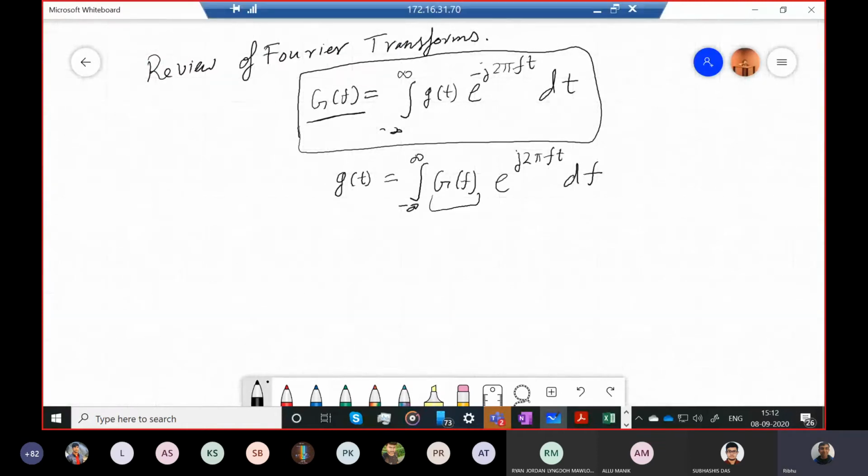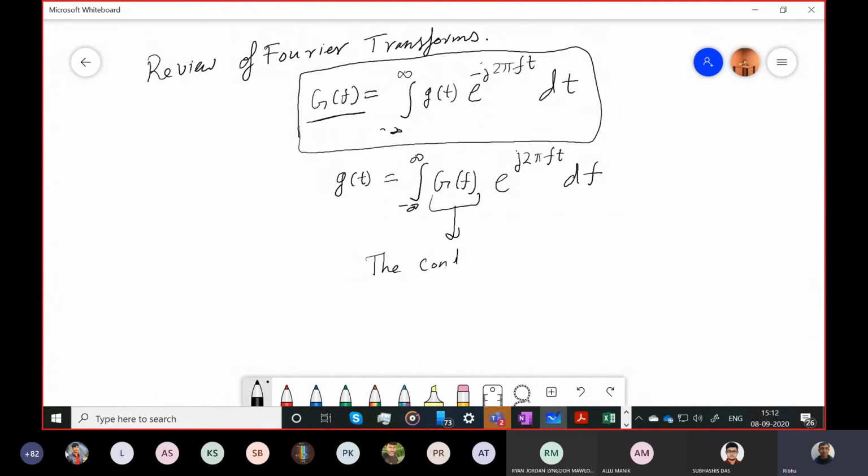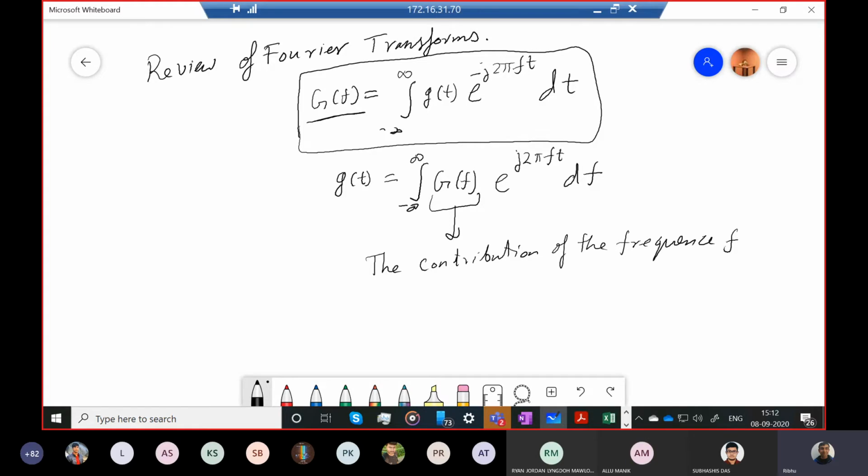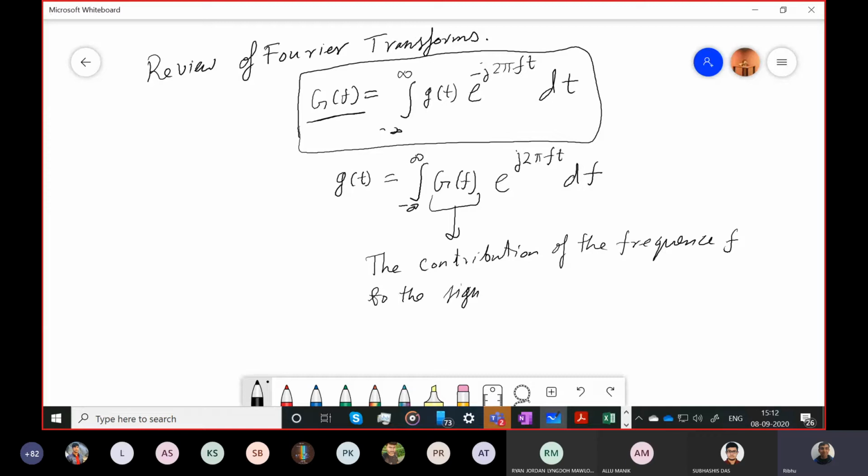where this G(f), I say, is the contribution of the frequency f to the signal g(t). Right?